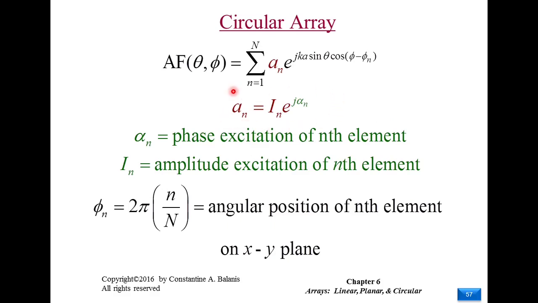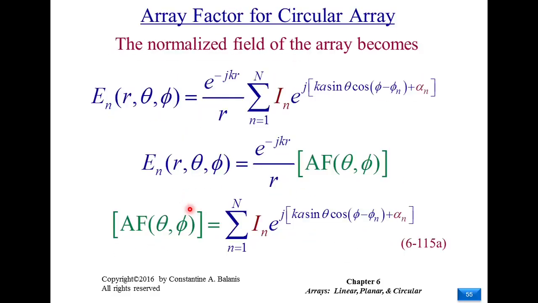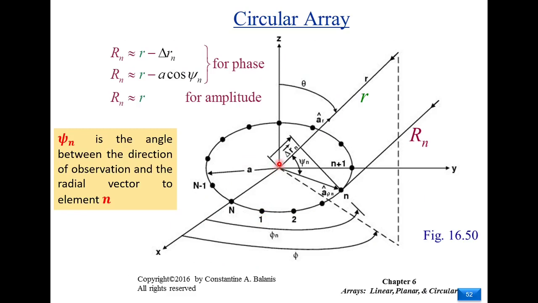The feeding factor to element number n, phi n, as I said, is 2 pi divided by n, the angular position of the element, multiplied by n. So the first element is at 1, the second element is at 2, and so on, based on the arrangement that we have here. Element 1 is 2 pi divided by n, then you double this for number 2, and so on, to arrange n elements on a circle in the xy plane.